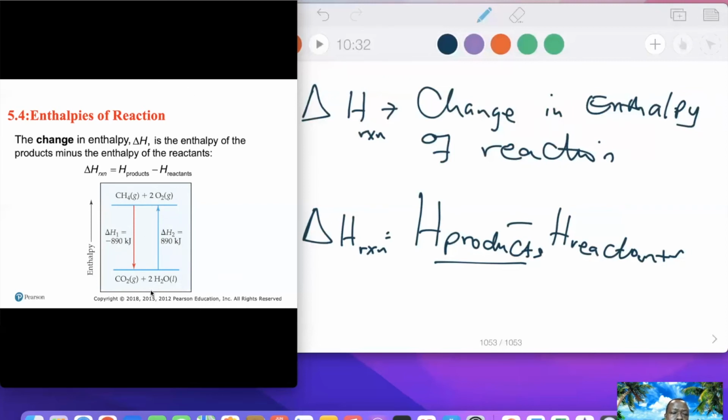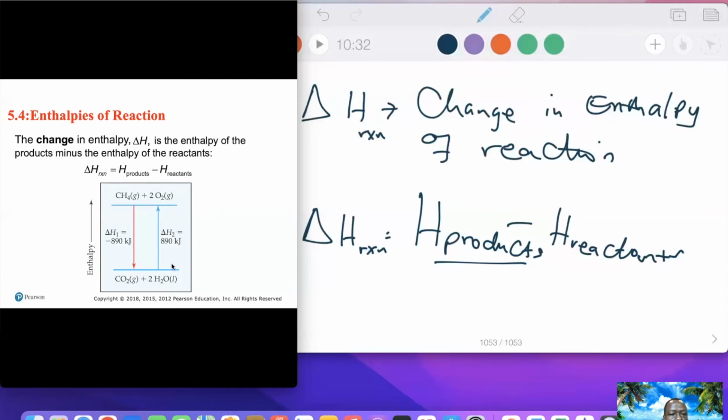Forget about this diagram, that is just an illustration. If we are starting with the combustion of methane to form carbon dioxide and liquid H2O, balanced equation, if this is the reagent and these are the products, product minus reagent, we end up with a negative. You see how much is given off in kilojoules.